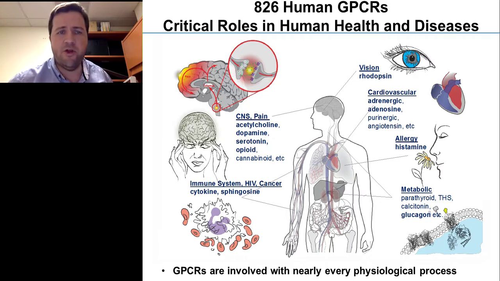And GPCRs play critical roles in the health of the central nervous system, including feeling of pain. So GPCRs are really how we interact with our environment around us. They're responsible for our sight, our smell, that's olfactory receptors, taste receptors. Even the way we think and feel and consciousness of self may be mediated by human GPCRs.